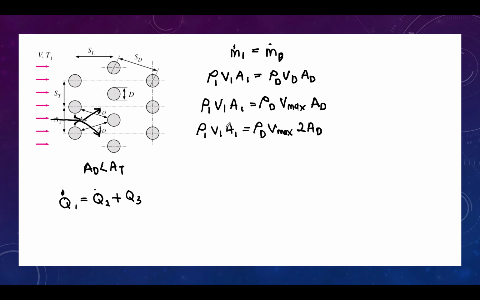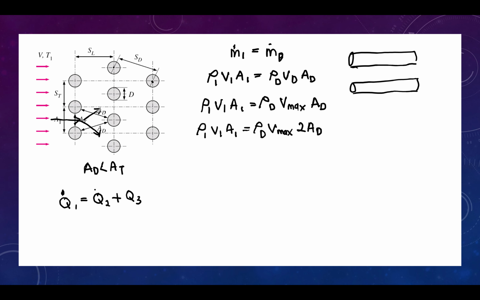And then for A1, we already determined the equation. Right now, we want to determine the equation for AD. So here we have tubes, and SD is the length from center to center.